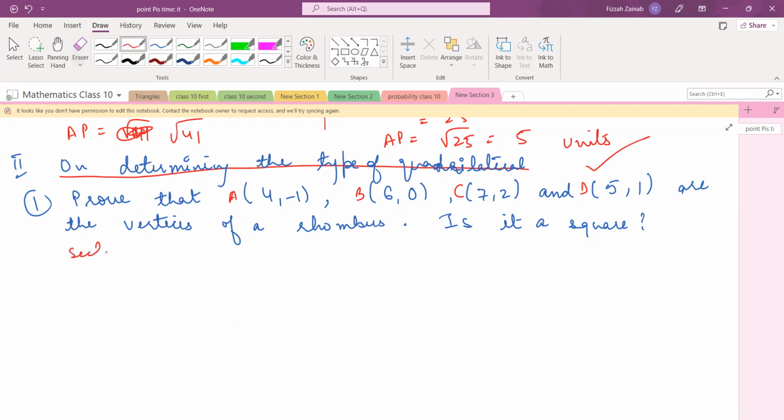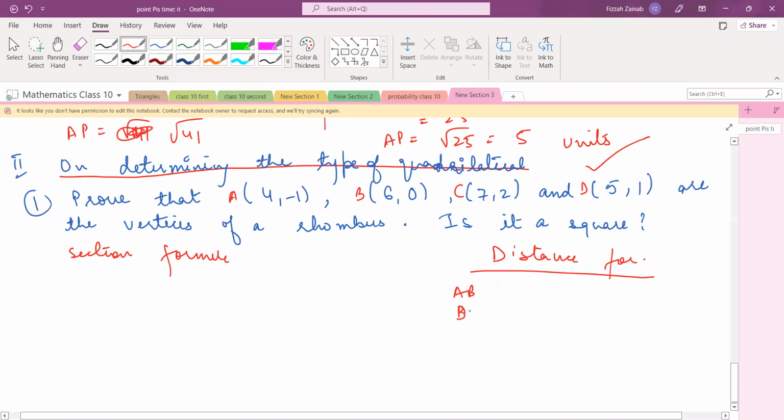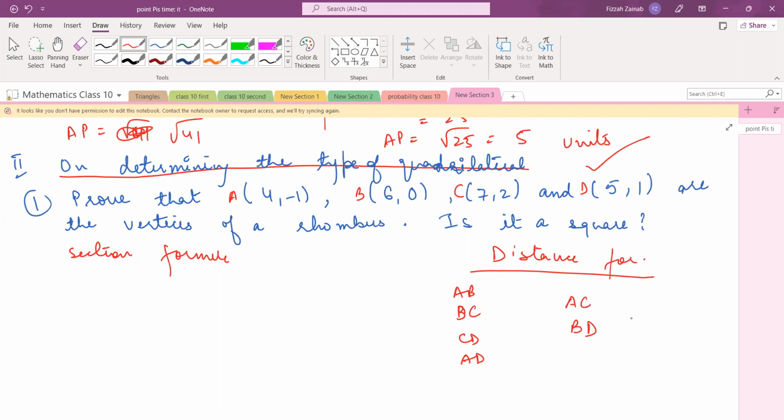For example, if you use the distance formula in this question, you will find all the distances AB, BC, CD, and AD, right? And you will show that all the sides are equal, and then you will also find AC and BD to show whether it's a square or not. Am I right? Yes, ma'am. So 6 calculations you are going to do.